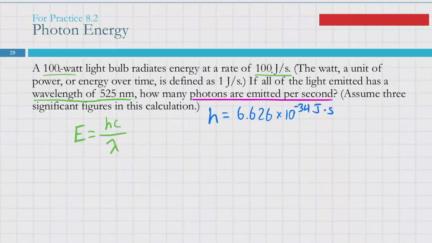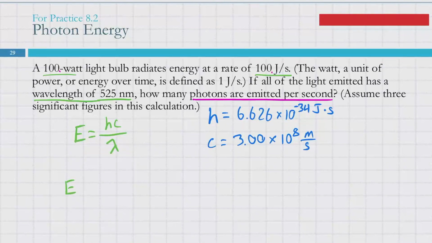Okay. So we've got hc over lambda. h is a constant, that's Planck's constant here. c is also a constant. c is the speed of light, 3.00 times 10 to the 8 meters per second, so meters over seconds.